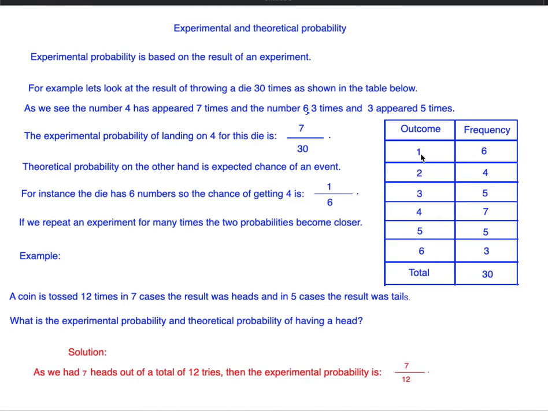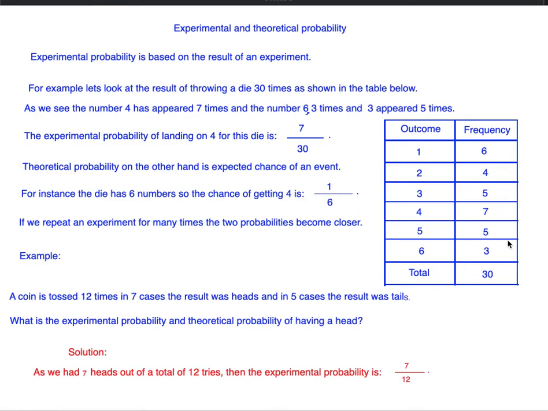The left column shows the outcome, which is the number on which your die landed, and the right column shows you the number of times that it has happened, or the frequency. For example, this shows that 6 times the die has landed on 1, 4 times on 2, 5 times on 3, and so on.